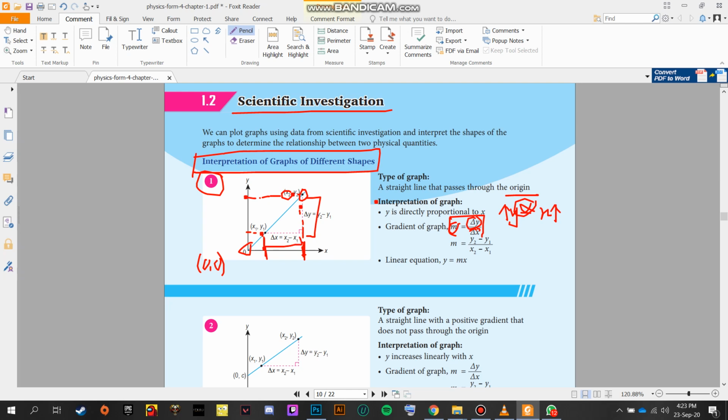So basically we are dividing this by this to get the gradient, and the linear equation would be y equal to mx, because this is y, this is x. When you bring the x over here, you get y equal to mx, which is the linear equation per se.